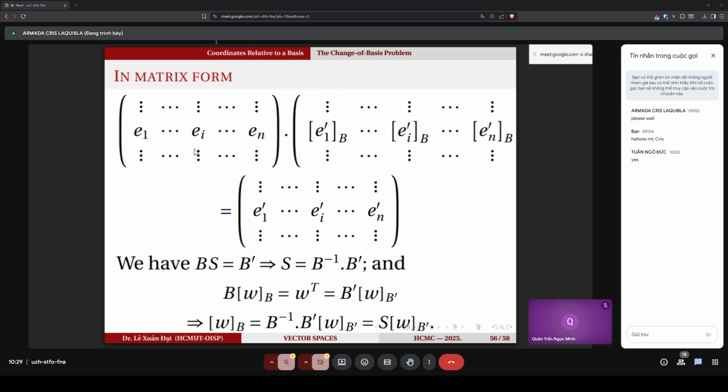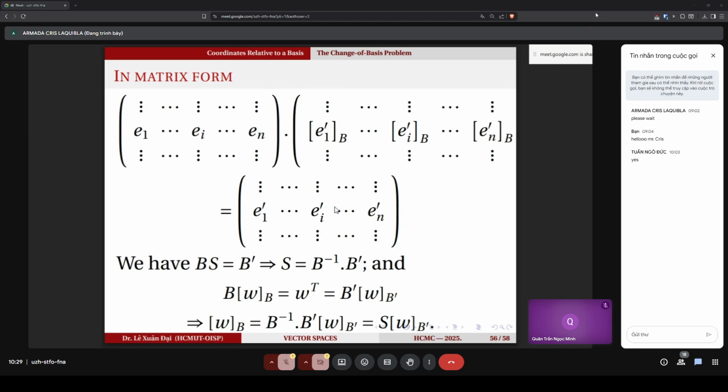So this one, class, is from your basis B, and this one now, class, is from your W of B. So it's here [W]_B. So your coordinate vector, okay, W, and here is your [W]_B prime. This is for the [W]_B prime, right?